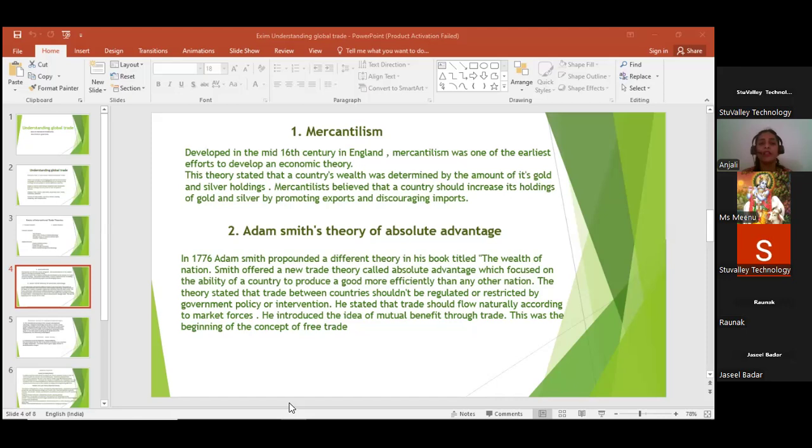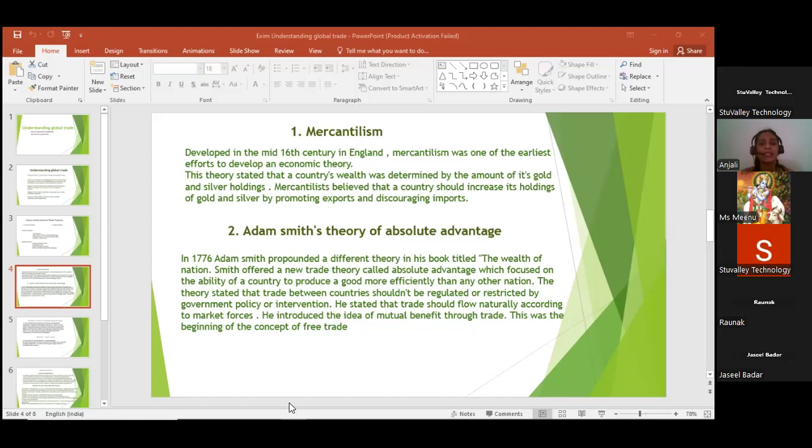In his book The Wealth of Nations, Smith offered a new trade theory called absolute advantage, which focused on the ability of a country to produce goods more efficiently than other nations.